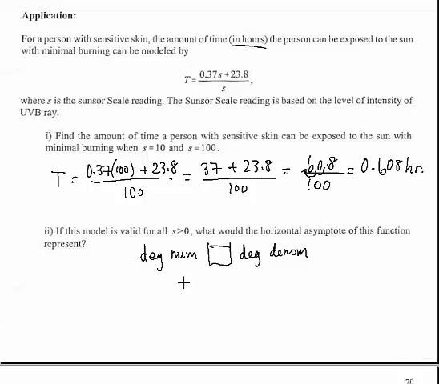Alright, and we have 0.37 S to the first power on top, so 1. And then we only have an S on the bottom, so the degree of the denominator is also 1. They're equal. So we use the ratio of the leading coefficients when they're equal, and we have a horizontal asymptote of 0.37 over 1, which is just 0.37.